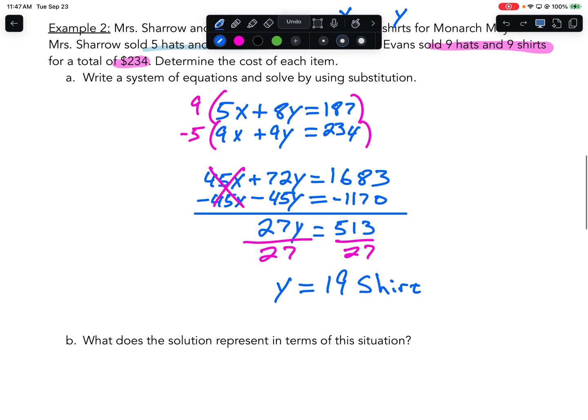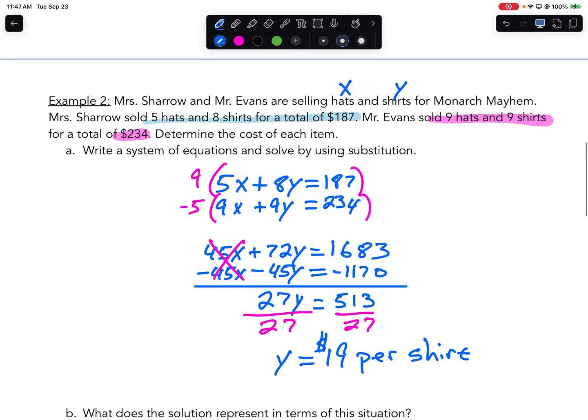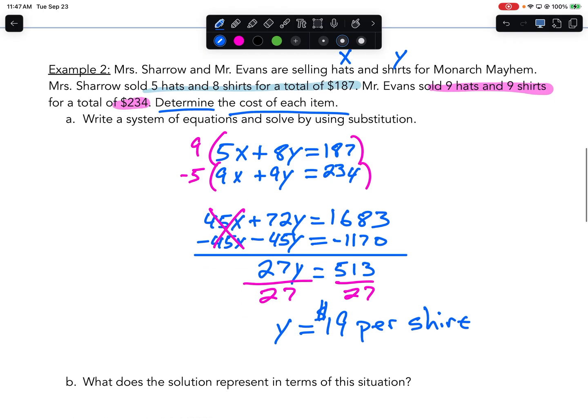Or no, it's 19. Shirts cost $19. Right, so we're determining the cost of each item. And then we can plug it into one of the two equations. I'm going to plug it into the top because it's smaller numbers. You could plug it into either, it doesn't really matter.